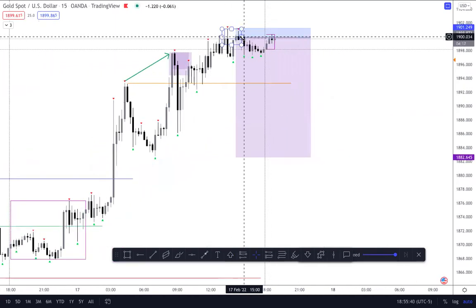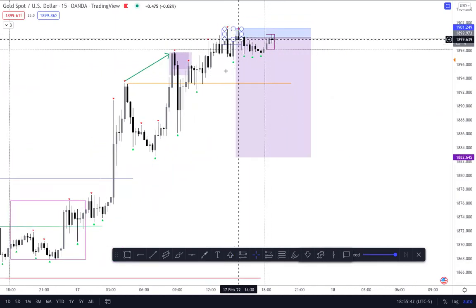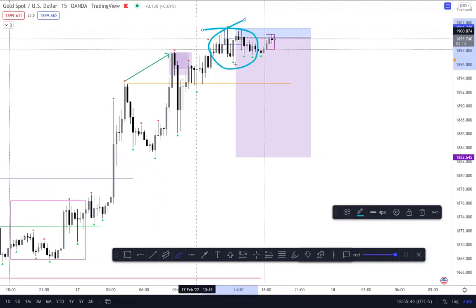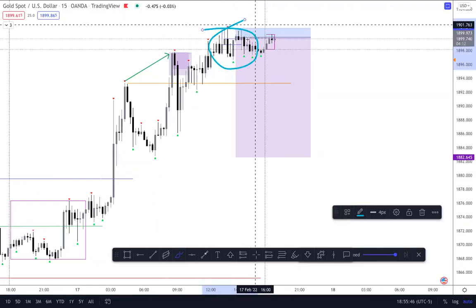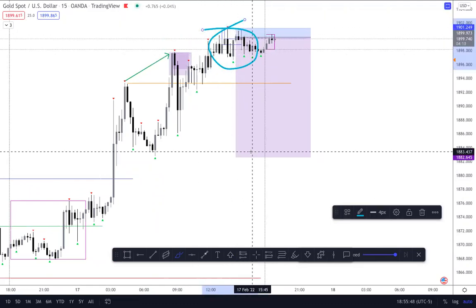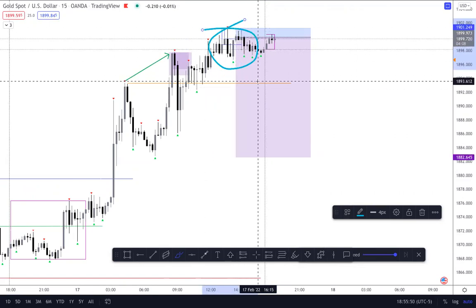Gold, I tried shorting again right here. What was wrong with it? What's wrong with it is that it's out of session, right? I didn't take this on the MFF challenge. Never am I going to take an out of session position on an MFF challenge. I'm only going to take A plus setups on an MFF challenge. It's the same for FTMO, it does not matter.